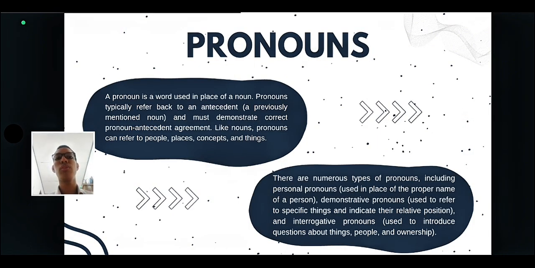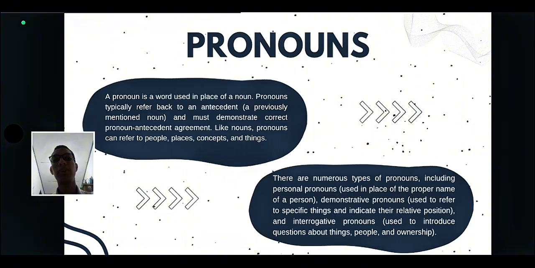Pronouns. A pronoun is a word used in place of a noun. Pronouns typically refer back to an antecedent and must demonstrate correct pronoun-antecedent agreement. Like nouns, pronouns can refer to people, places, concepts, and things.